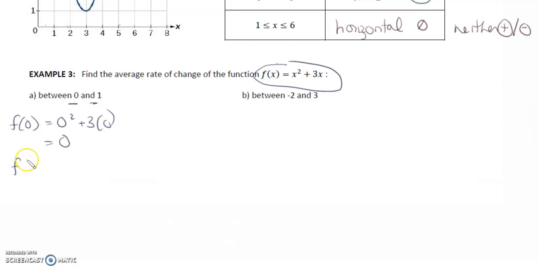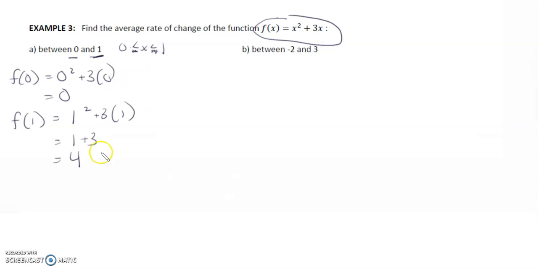And then we can sub in 1, which is the other end of this, because we're saying x is between 0 and 1. I'm including the endpoints. The actual wording between would not include them, but I'm going to include them. So we have 1 squared plus 3 times 1. So I get 1 plus 3, which is 4.